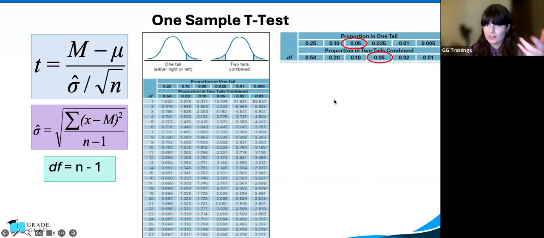So one tail is directional, two tails non-directional. Okay. And because your alpha is always going to be 5%, you literally can just select 5% or 5%. Nothing special. And once you've selected the correct column, then you will match the number to the degree of freedom. And for the t-test, your degree of freedom is n-1. Easy peasy.